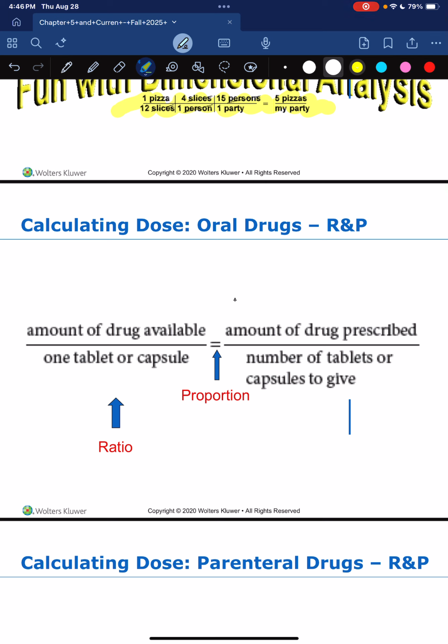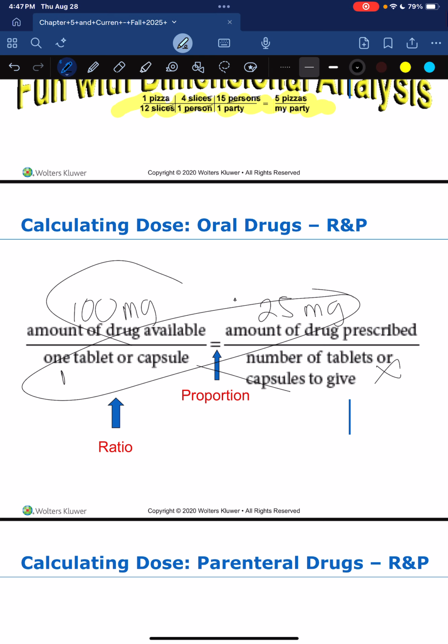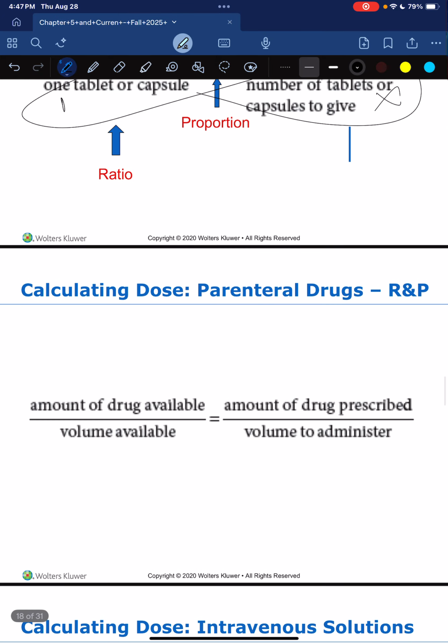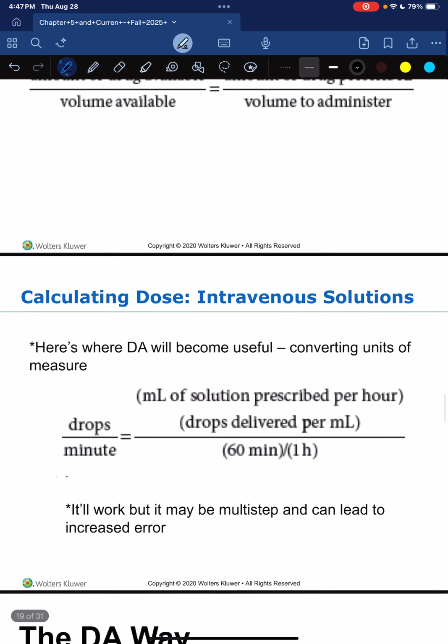Ratio meaning a fraction or a relationship between one expression and another, and proportion means that there's an equality on both sides of the equation. You can simply set this up and make this be x, because you don't know yet how many capsules to give, and solve for x by cross-multiplying and dividing. But you can also use the dimensional analysis method for something as simple as this.